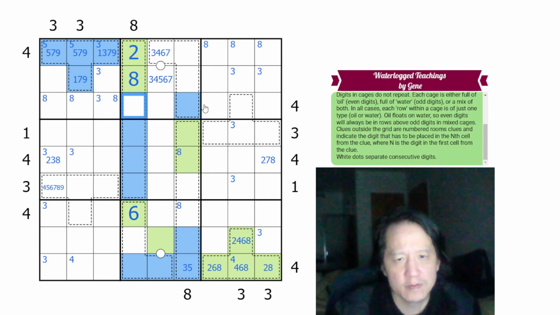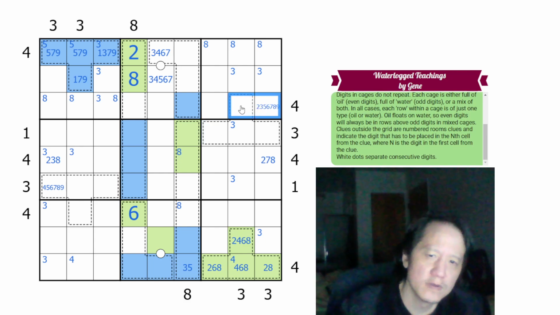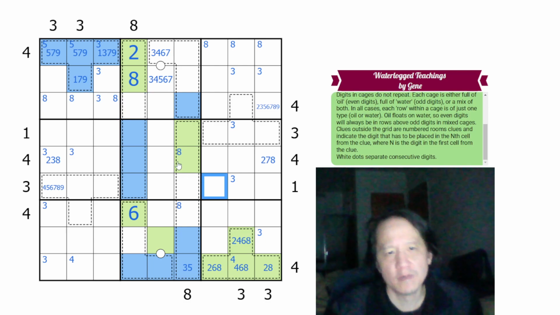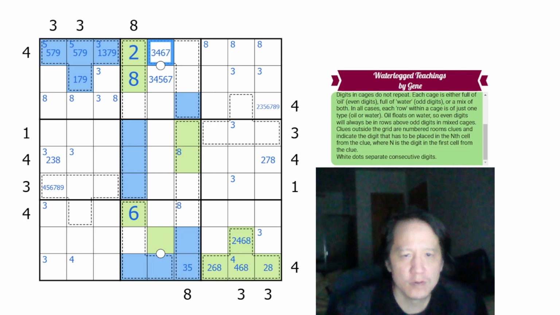Right. So then 4 cannot be 1, cannot be 2, could be 3. Can't be 5, 6, 7, 8, 9. The 4 could be any of these. Yeah, that seems fine. 4 is either 5, 7, and 9, so this can't be 4.